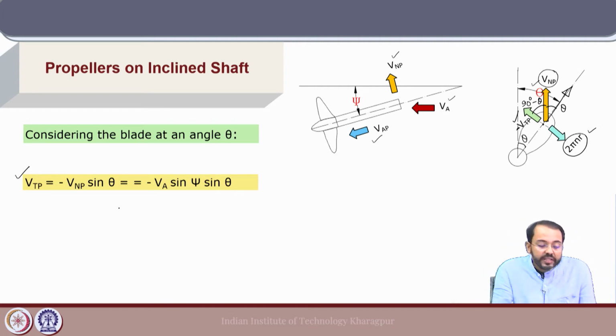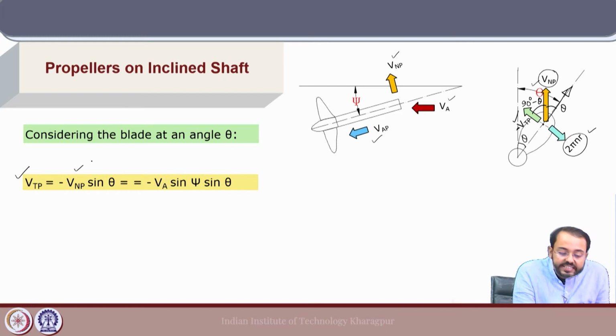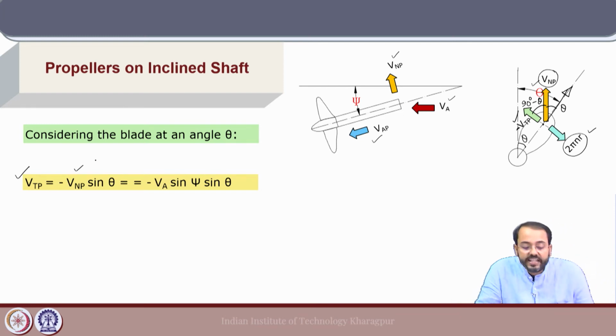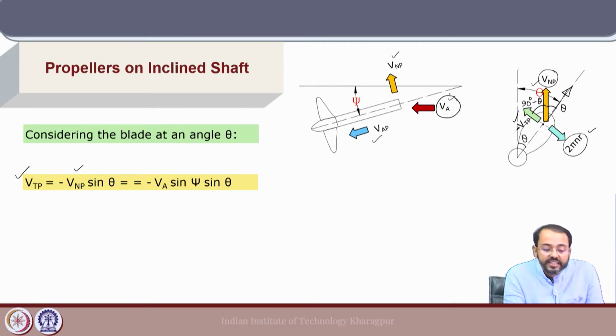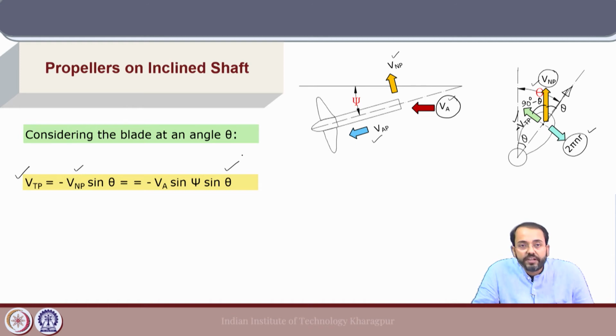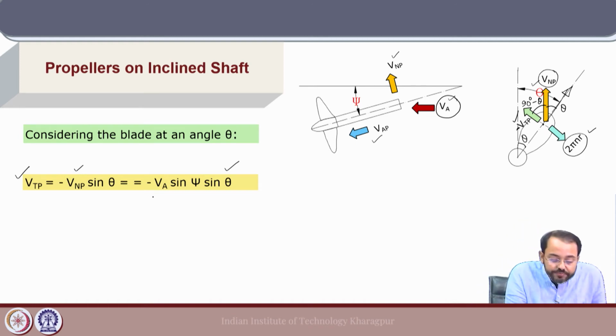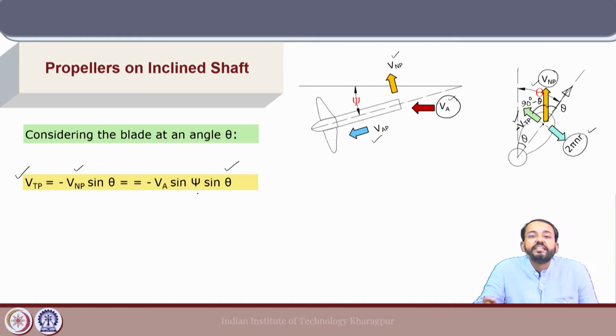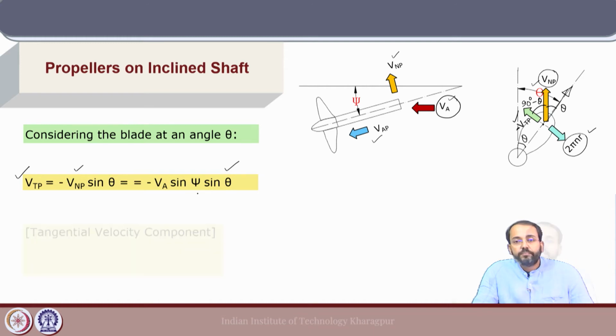Now, VNP itself is VA into sin xi as we have seen earlier, where VA is the velocity of inflow, the axial velocity. Hence, this tangential component is given by minus VA multiplied by sin xi and sin theta.